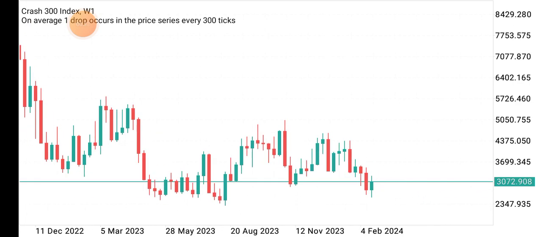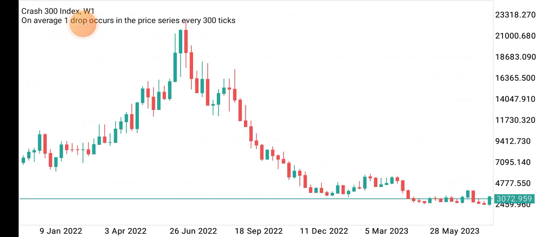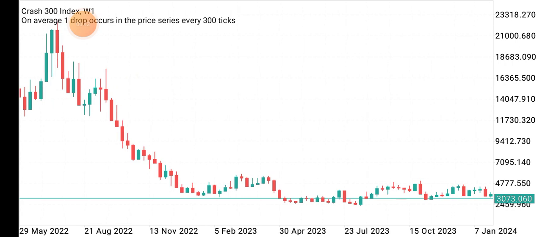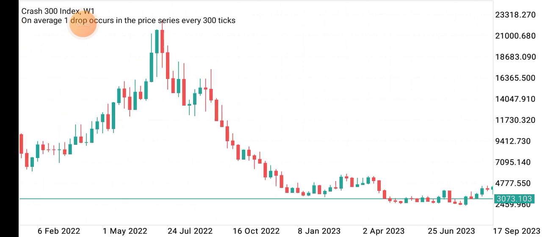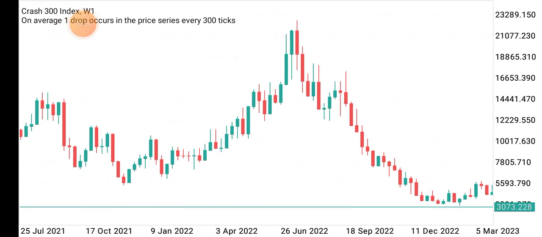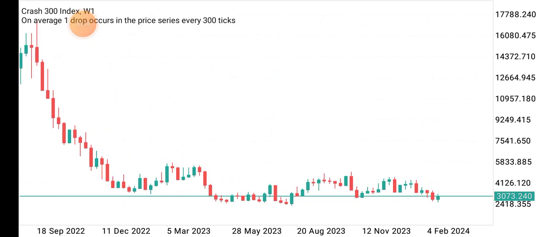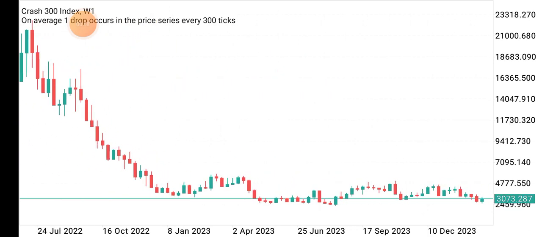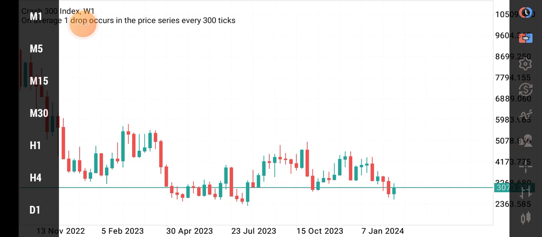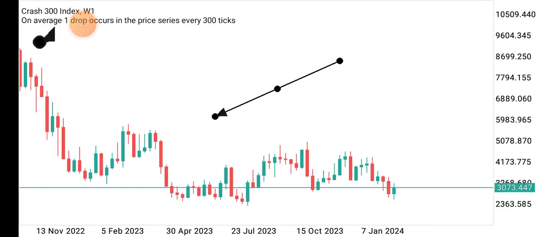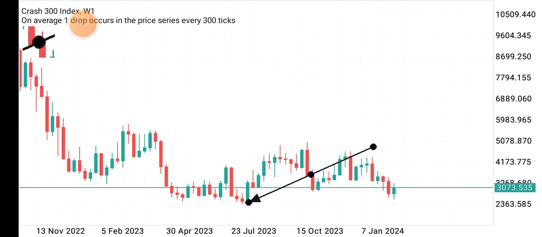All right, so we can see on the weekly time frame that the market has been bearish for some time now. You can see, since 2022, that should be June or July, the market has been bearish, creating lower highs and lower lows. As you can see right here, after forming this lower high, the market created a lower low.